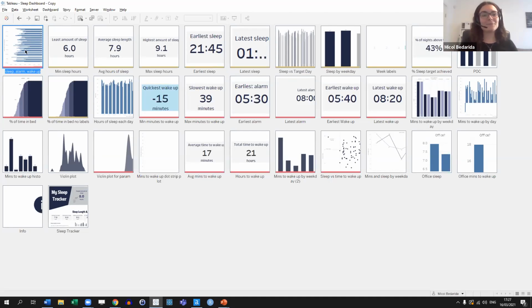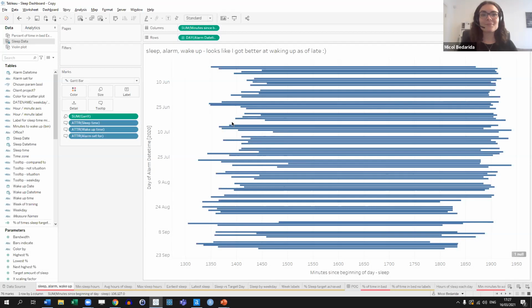So for example, if I click into this graph, this did not make it into my final dashboard. When I thought of the idea for this graph, I wanted to show what my standard sleeping hours are. On the x-axis, there is the time of day. It is now in minutes, but it would have been converted into hours, of course. And then each line or each bar is meant to represent a night.